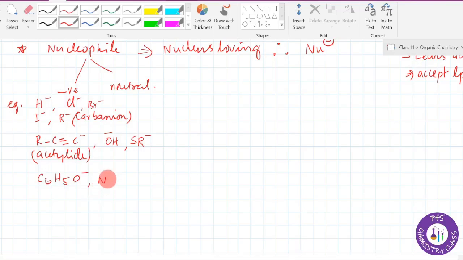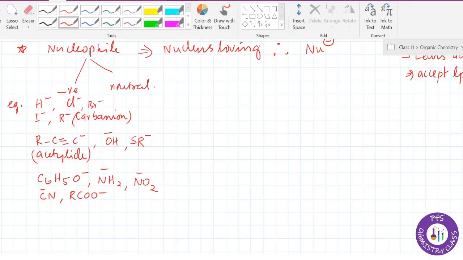And then you have ammonia: if you remove a hydrogen you get NH2 minus, and from nitrite removing a hydrogen you get NO2 minus, HCN gives CN minus, and then carboxylate ion. Any species which carries a negative charge is called a negative nucleophile.